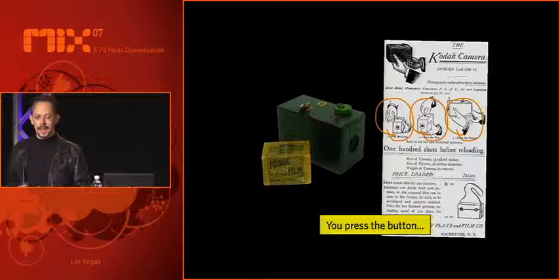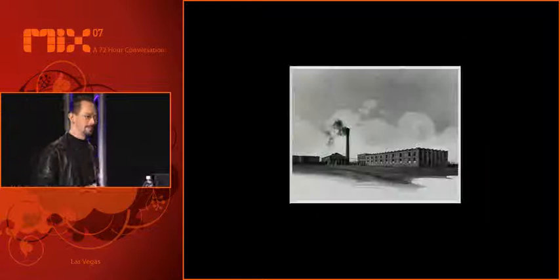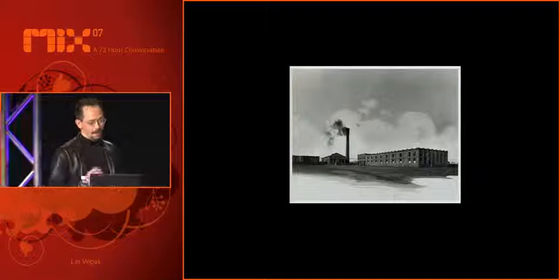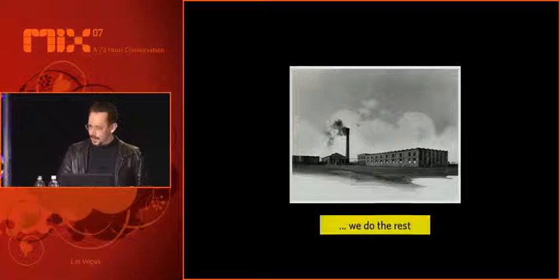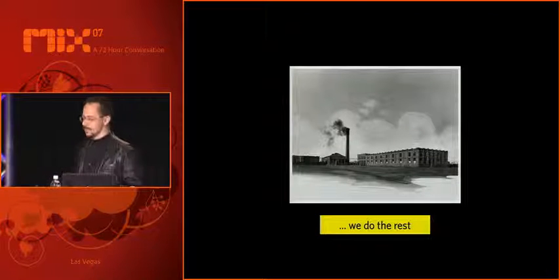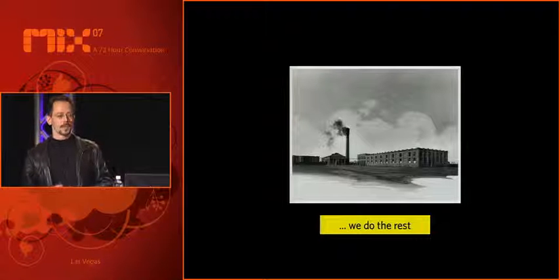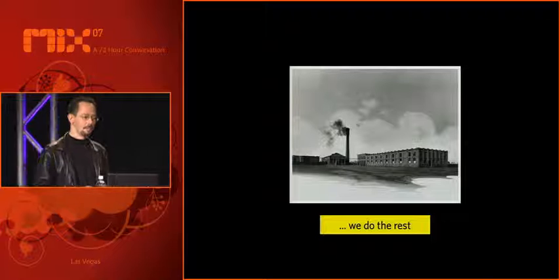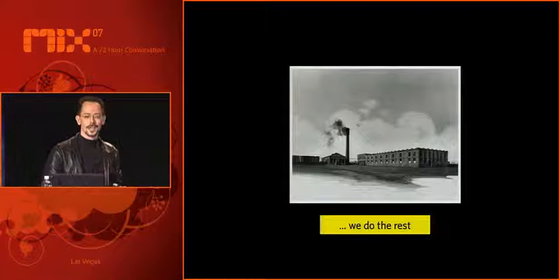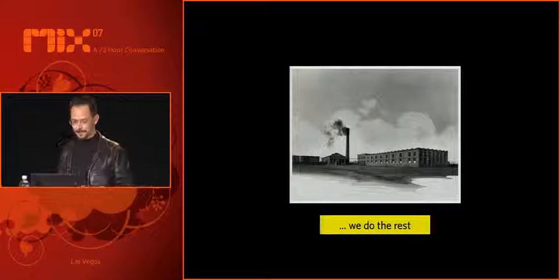You press the button, and the ingenuity of George Eastman and the Eastman Kodak Company does the rest. Kodak might be one of the very first examples of marketing coming along and deciding that a new technology needed to be branded in some way.